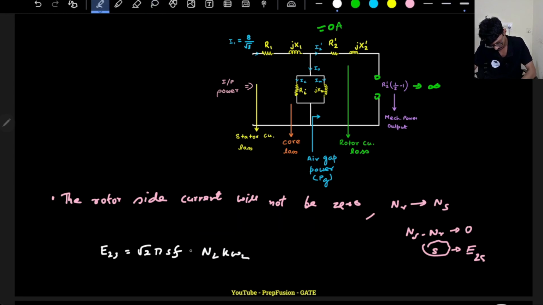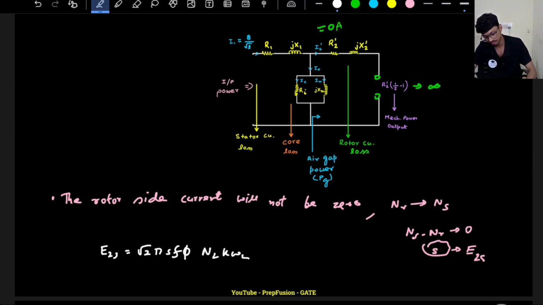So NS minus NR will be very near towards 0 because there will not be a very high relative speed.